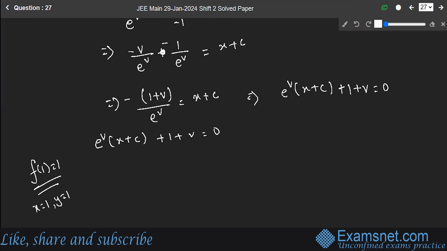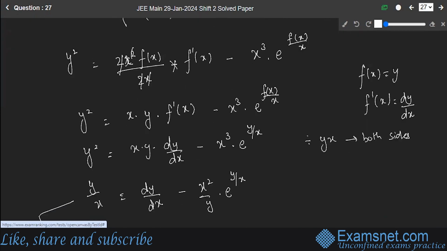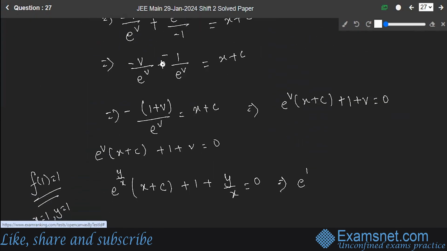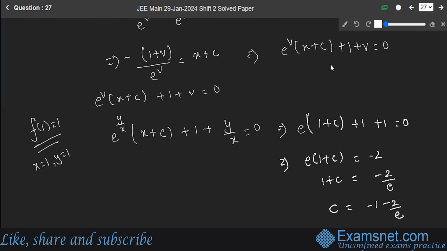So let's fill in the values; v was y upon x. e power 1 into 1 plus c plus 1 plus 1 is equal to 0, or e into 1 plus c is equal to minus 2, so 1 plus c is equal to minus 2 upon e, or c is equal to minus 1 minus 2 upon e. I got the value of c.